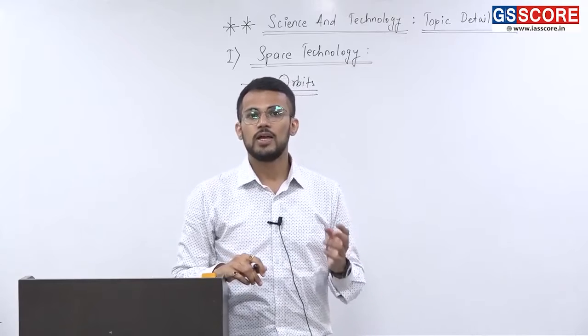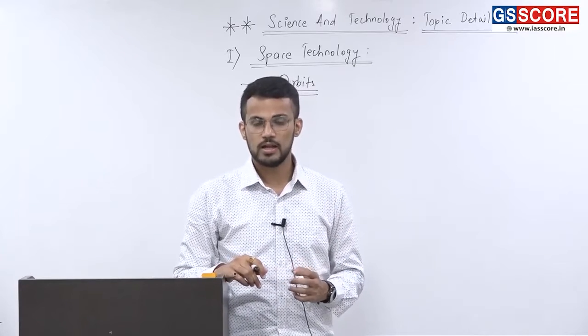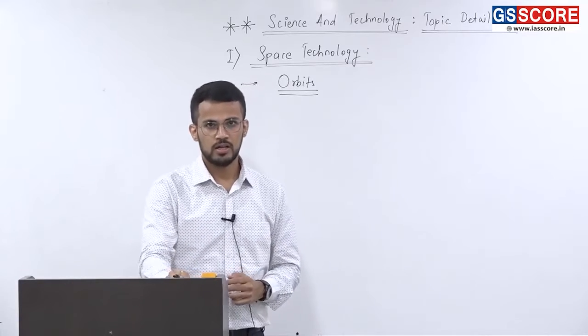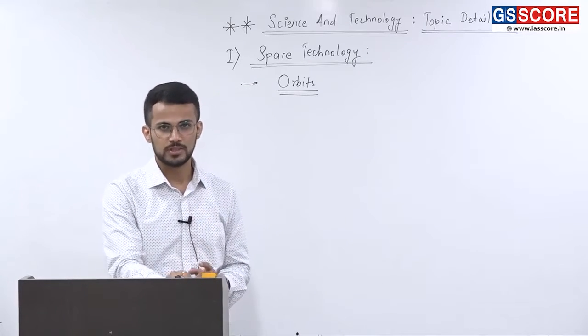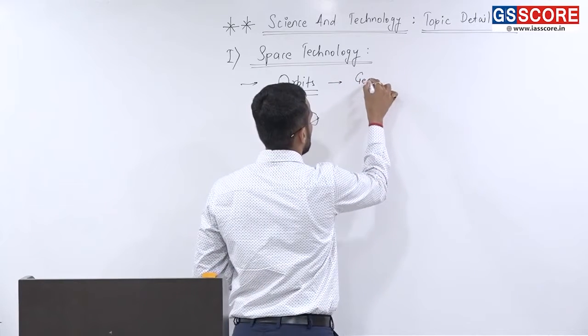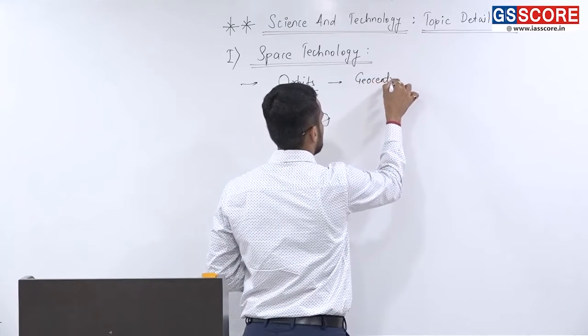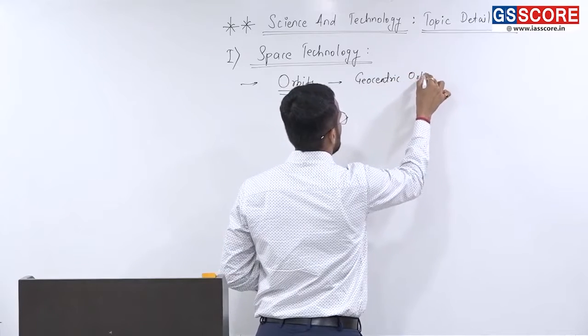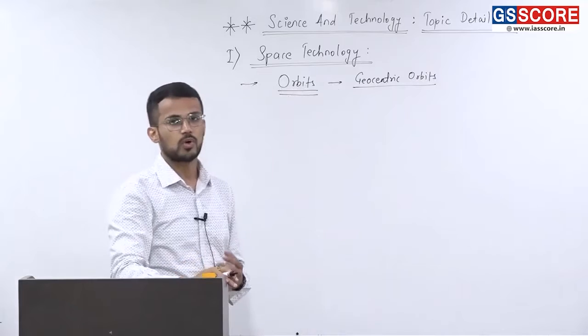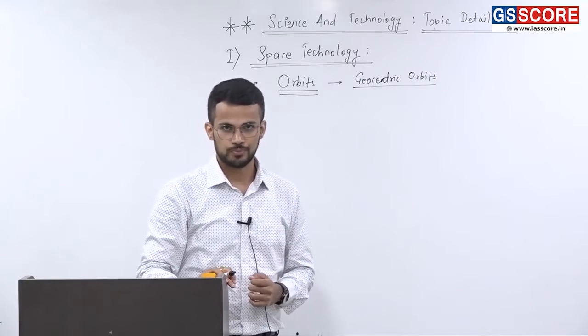Secondly, we have heliocentric orbits, and thirdly, we have geocentric orbits. Now, from the perspective of UPSC, it is important to study geocentric orbits. That means orbits around Earth are important from the exam's perspective.